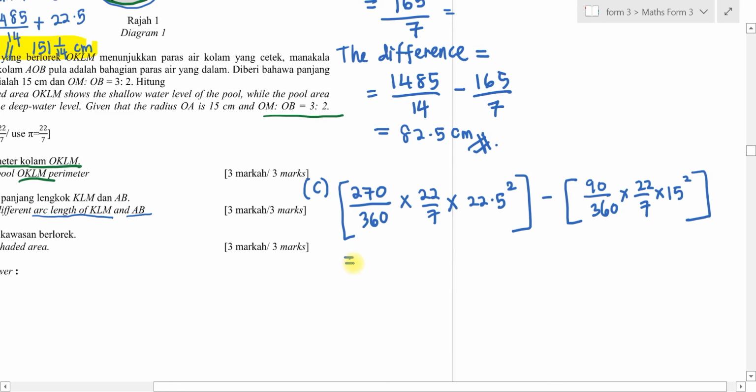So now you try find the answer. It's advised you to settle bracket by bracket. Samira, help me to calculate this. The first bracket, sir.